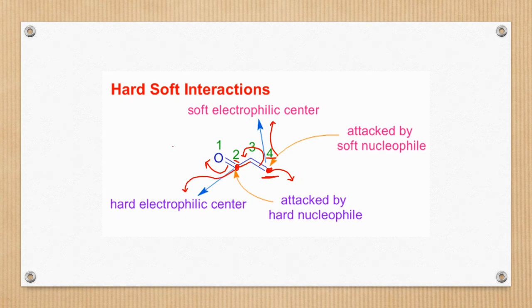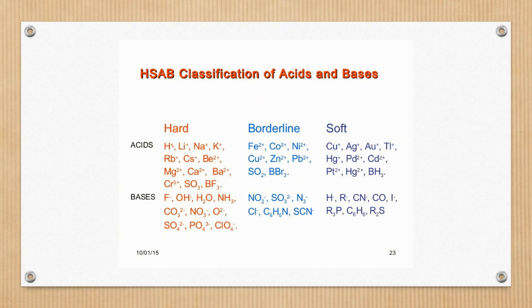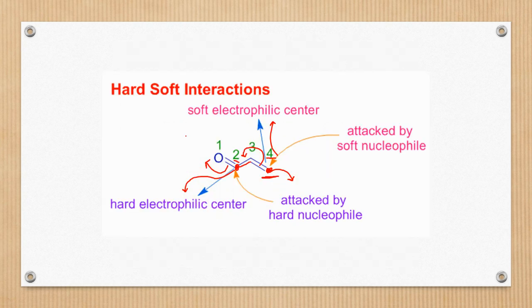According to hard and soft acid base theory, a hard base will attack the hard electrophilic position, and the soft nucleophile will add on the soft electrophilic center, right?